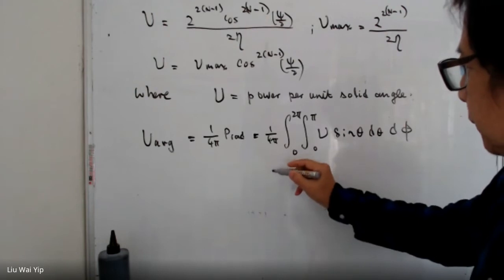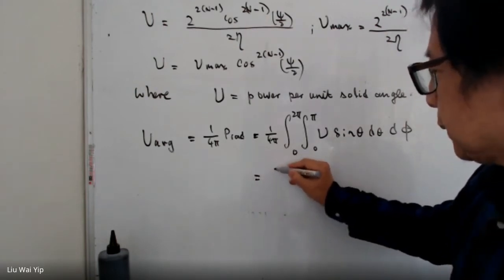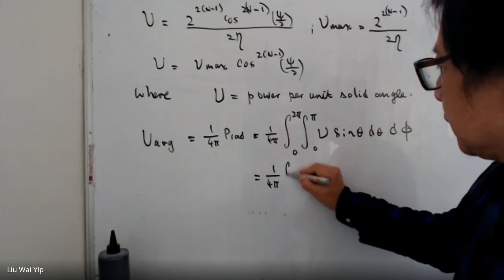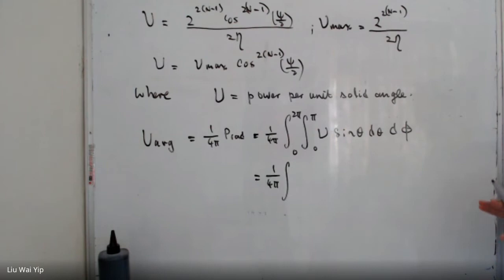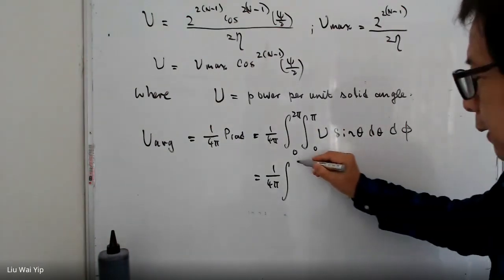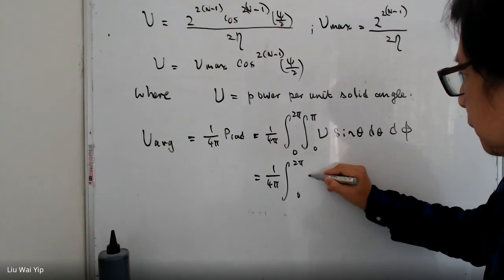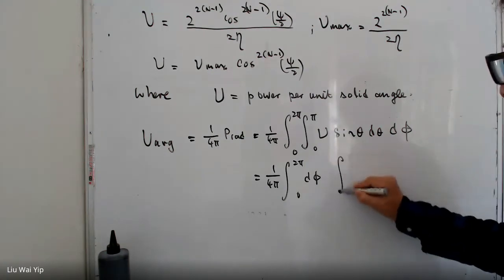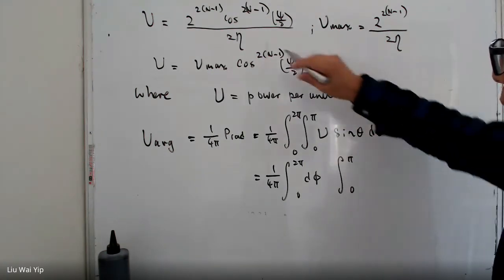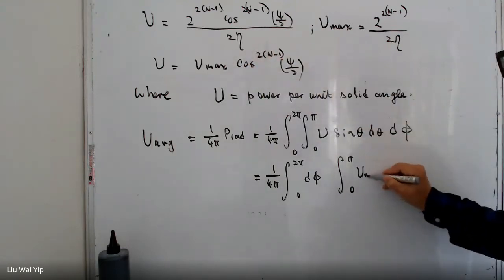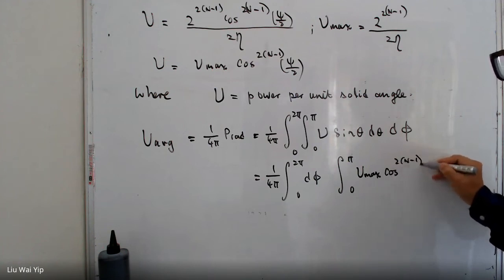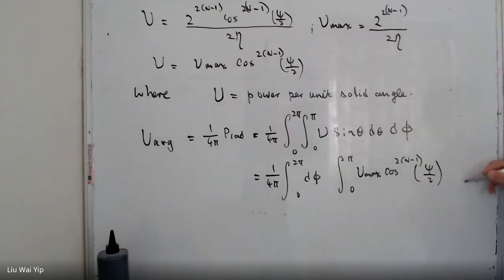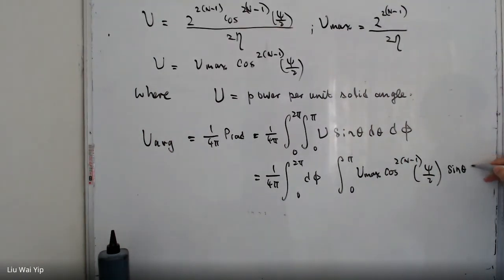And what we are going to do is simplify this expression. We know theta and phi here have no relation with each other, so we can do this. And for u, we are going to substitute u and cosine 2n minus 1 of this one here, and then sine theta d theta.